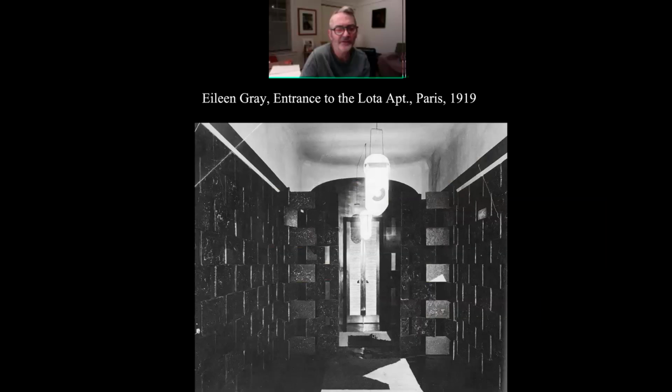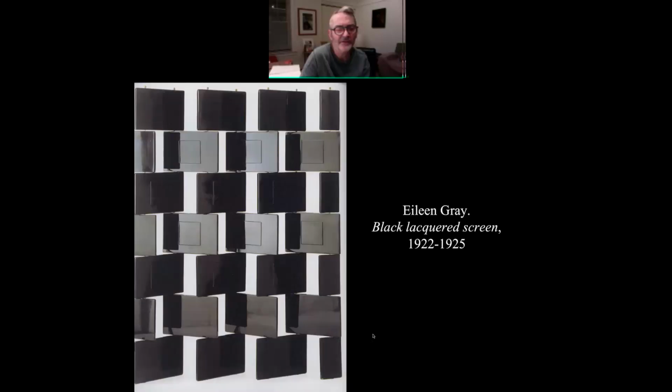Not screwing around. Entrance to an apartment in Paris. It's a little hard to see, I'll show you this here. Black lacquered screen. Each of those panels has little pins that allow them to rotate. I think it's a beautiful three-dimensional pattern, and that is something you get in terms of design fundamentals.